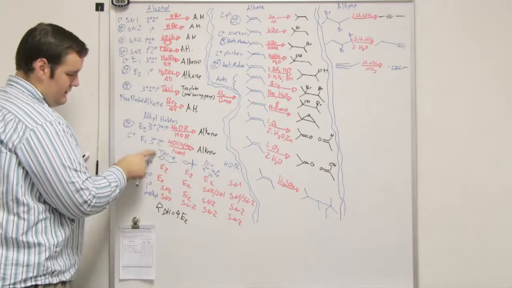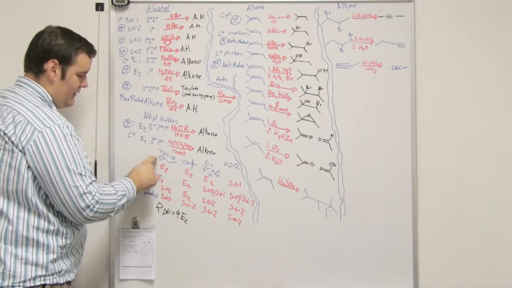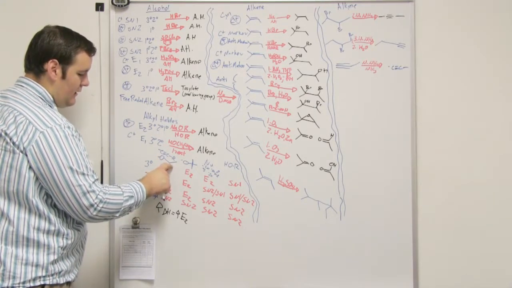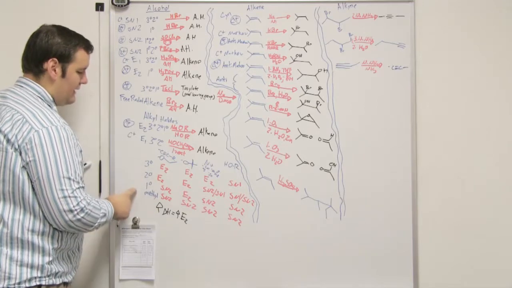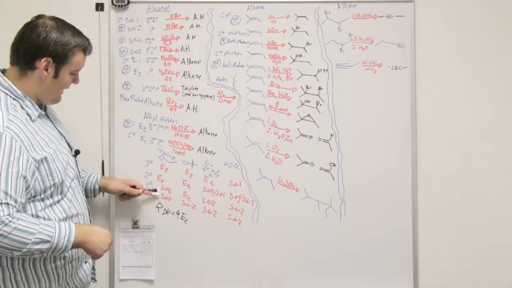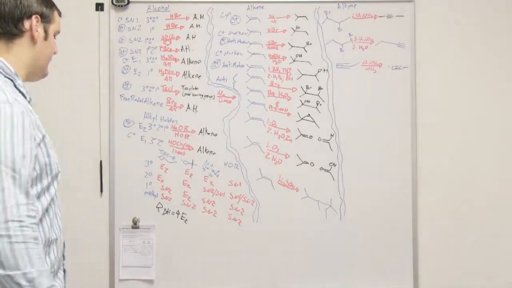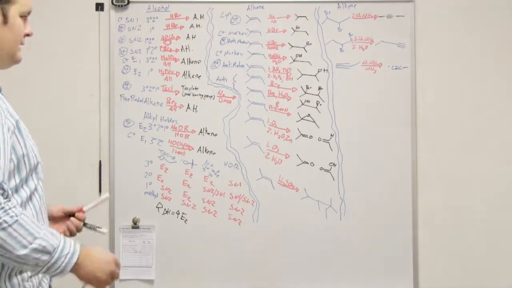If you have your negative, this guy, it will go by the same pattern as a strong non-bulky base when they were reacting with an alkyl halide. It's a rather strong base. It goes by SN2 for methyl and primary, but it will cause elimination if it's tertiary or secondary.